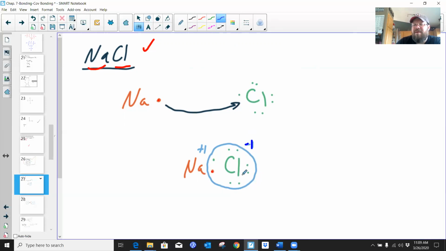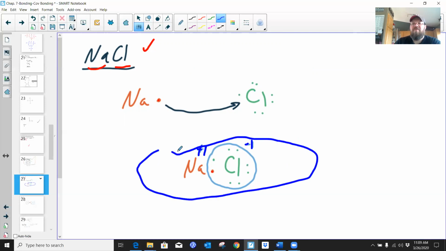Because sodium has lost that electron, it's obtained a +1 charge. So this is how I want you to draw the Lewis structures for ionically bonded compounds: show original ownership of electrons using the color code, use circles to show electron ownership, and then write in the charges.